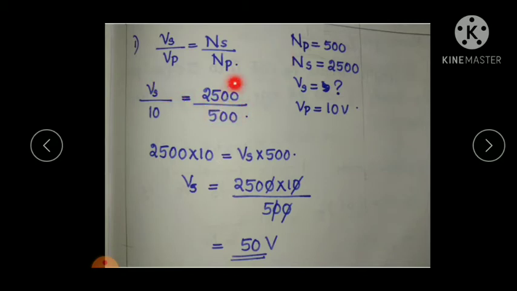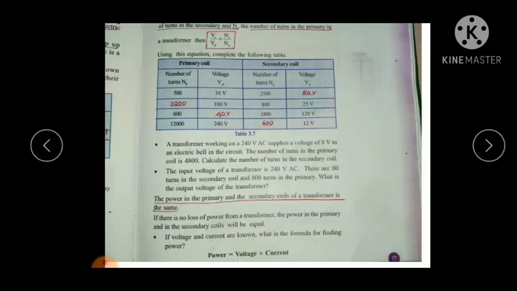After that, cross multiply. 2500 into 10 is equal to Vs into 500. So from this we have to calculate Vs. 2500 into 10 divided by 500 gives 50 volt. So write the answer here, 50 volt.